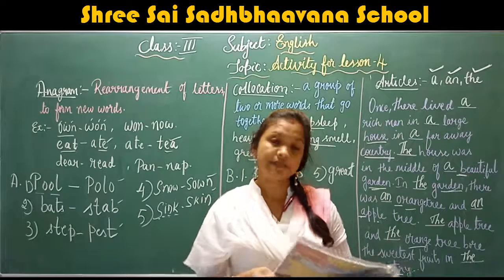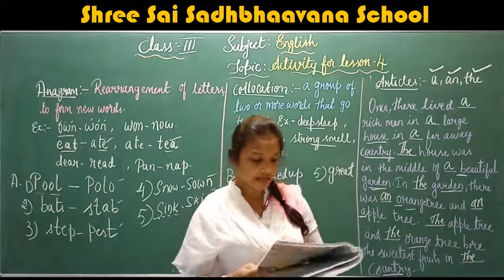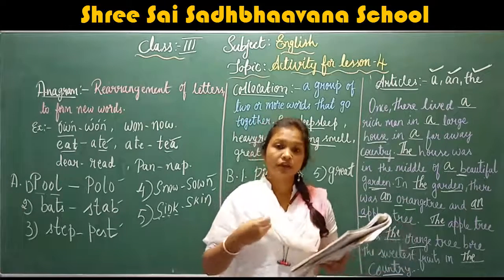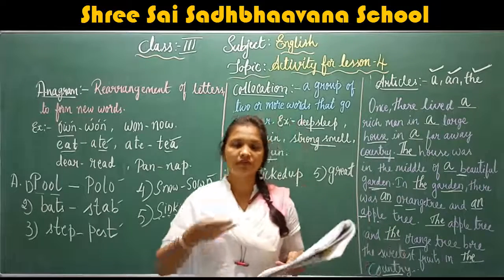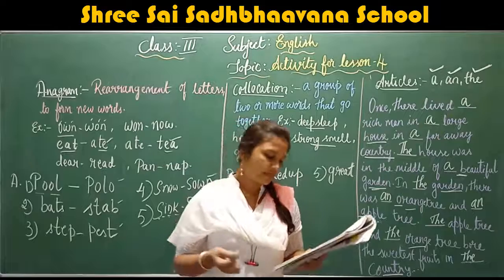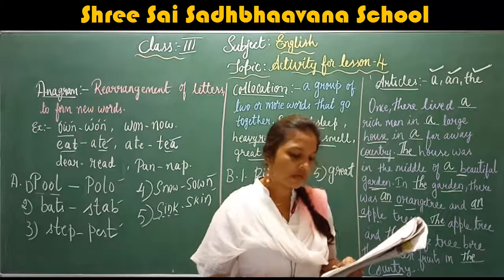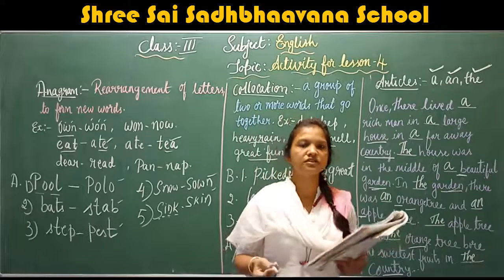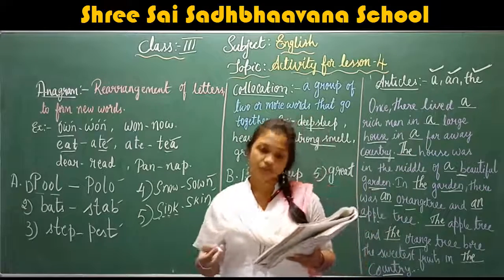Now what have they given in the next part? They have given a writing activity. Here they have given clues about a story. We have to use these clues and expand the story. Write a story with the help of the words and phrases. So we have to frame the story.